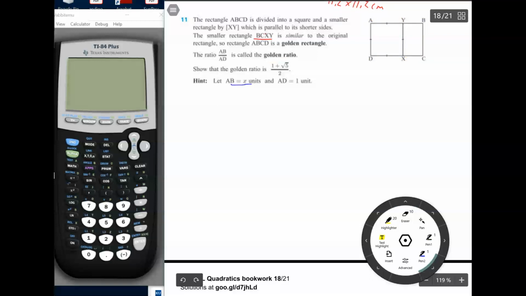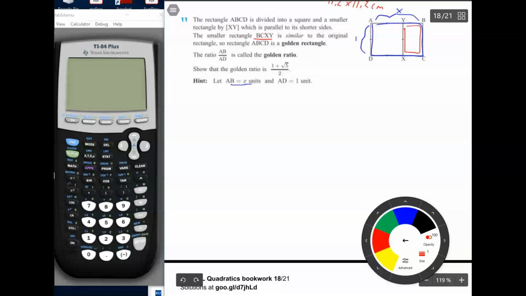They said, say that AB is x units. So this is going to be x, and AD is 1 unit.